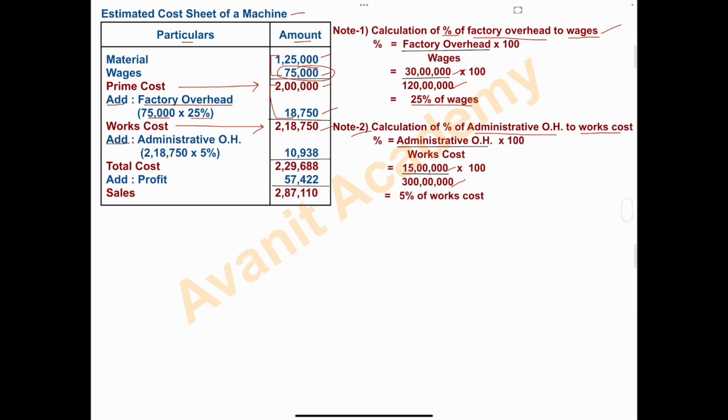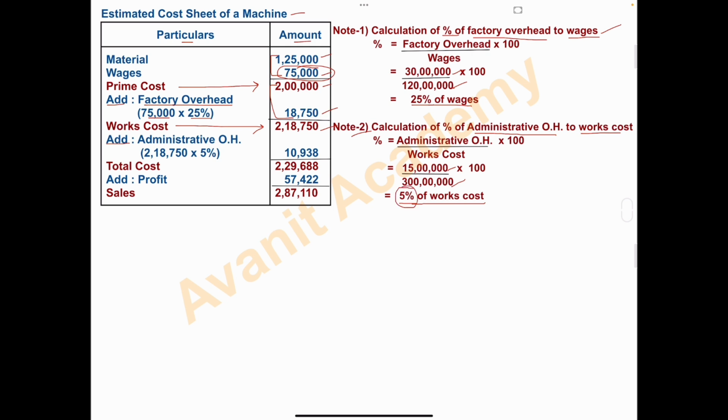Do the calculation and you will get 5%. That is, you have to write 5% of works cost. So, in this estimated cost sheet, administrative overhead, you have to charge 5% of works cost.